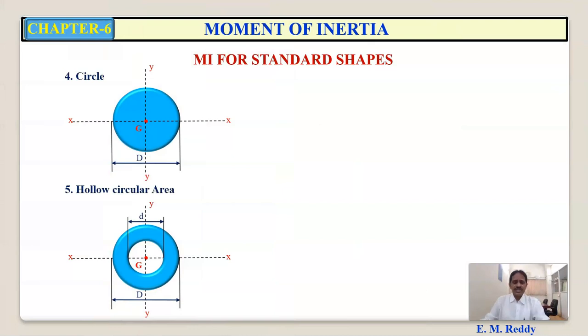For a circular section, here the diameter of the circle is D, and this circular section is symmetrical about the x and y axes. So the moment of inertia about the centroidal x-axis is equal to the moment of inertia about the centroidal y-axis, which is equal to pi d raised to 4 by 64, right?